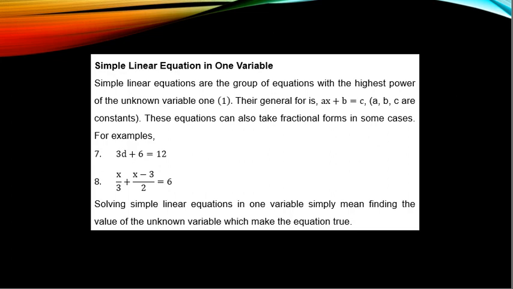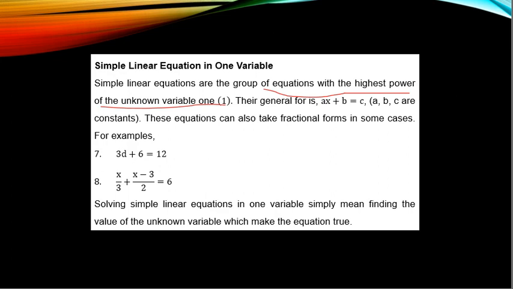Linear equation in one variable. Simple linear equations are the group of equations with the highest power of the unknown variable 1. So when the highest power of the unknown variable is 1, what you have is a simple linear equation.